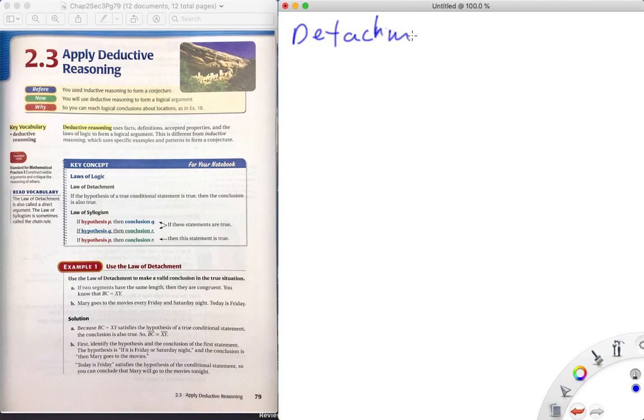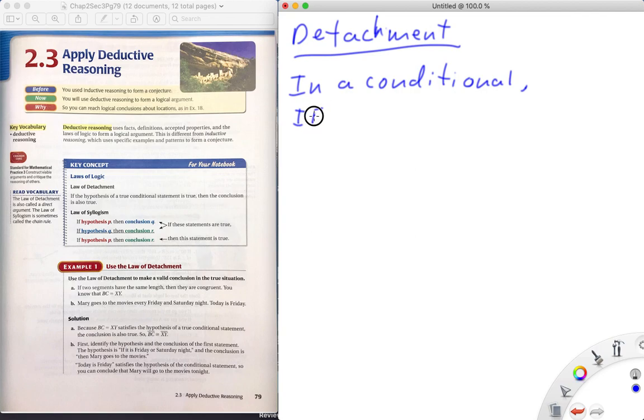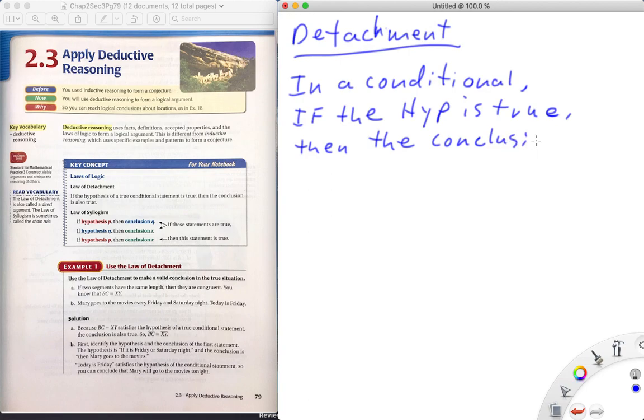The law of detachment says in a conditional, if the hypothesis is true, then the conclusion is true.